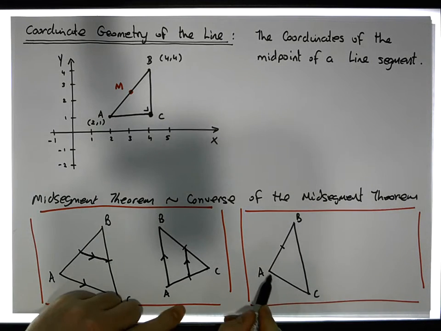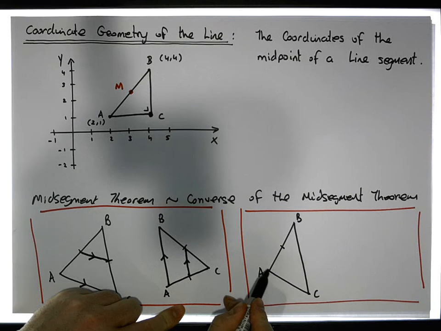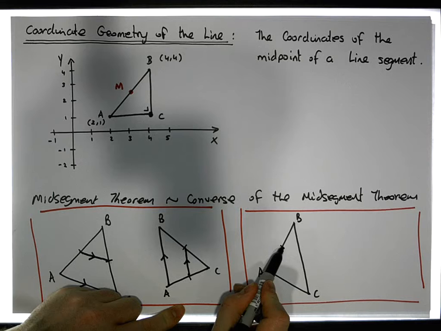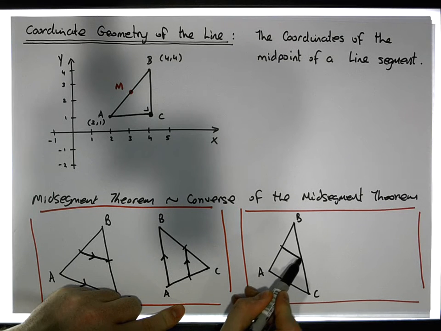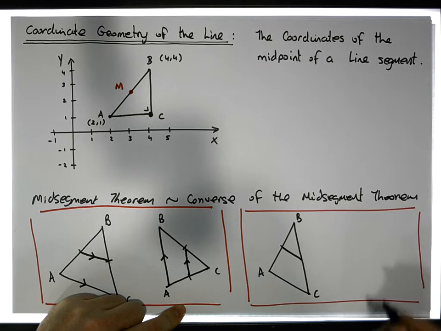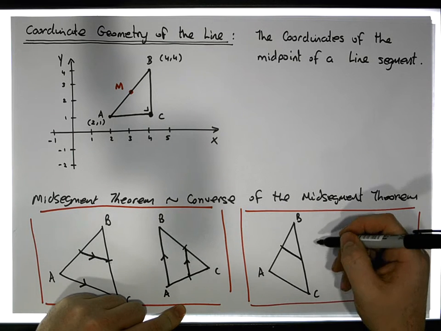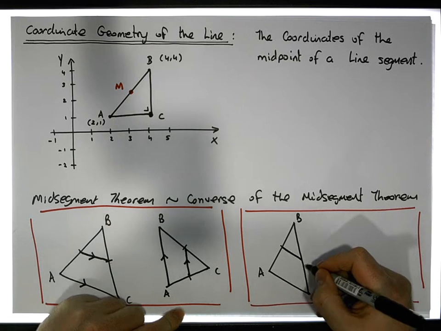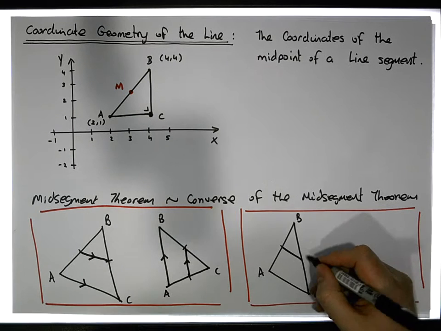So let's say parallel to the side AC. So through the midpoint of AB parallel to AC, we're going to have a line produced through here. And what this converse of the mid-segment theorem is actually telling us is that this particular point, when extended through, intersects or bisects the third side.